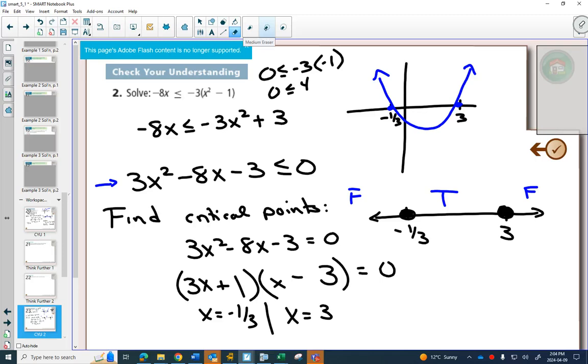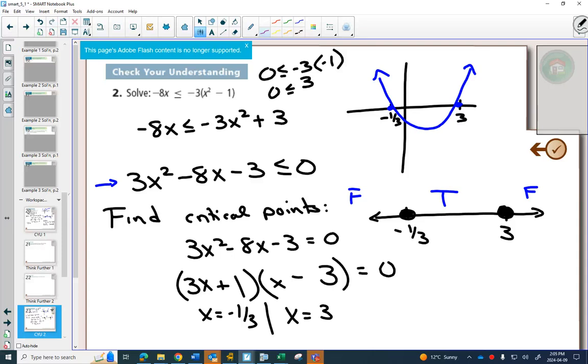Whoa, here's a classic. Let me just double check my multiplication skills. Negative 3 times negative 1. Oh, it's 3. Okay, whew. Is 0 less than or equal to 3? True as well that way. So your test point should work wherever you do it, pending mental math errors, I guess.